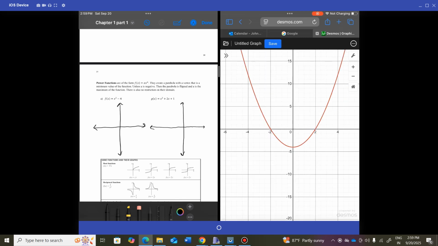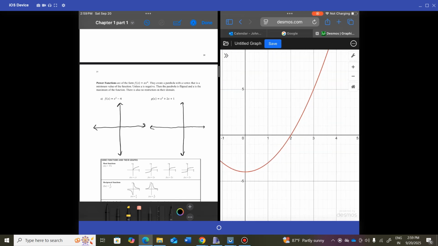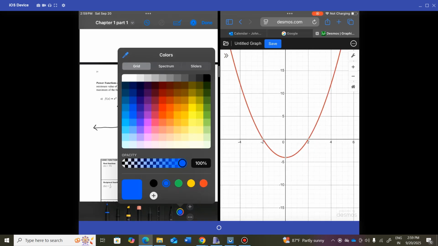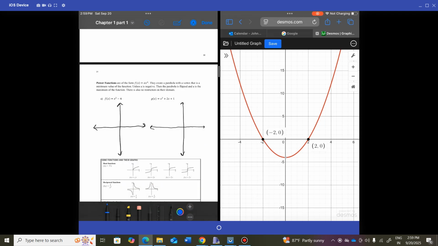And so we see it's a quadratic. Important features on here, again, x-intercepts and y-intercept. 2, 0, and -2, 0. The y-intercept being 0, -4, which is also your vertex, right? This isn't always the case that the vertex is the same as the y-intercept. In this case, it is.